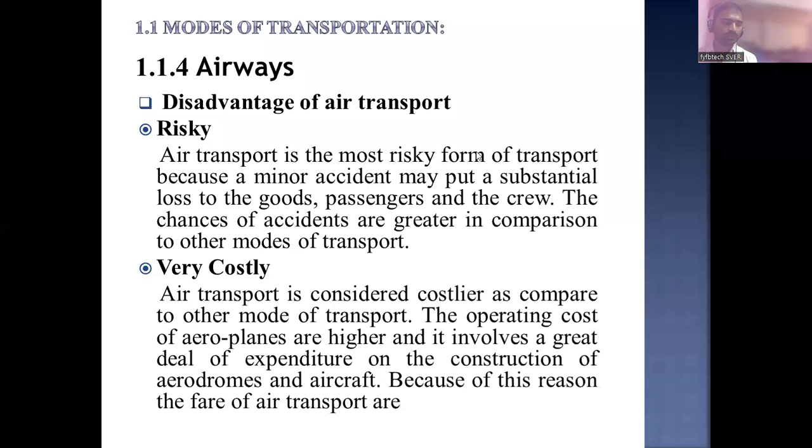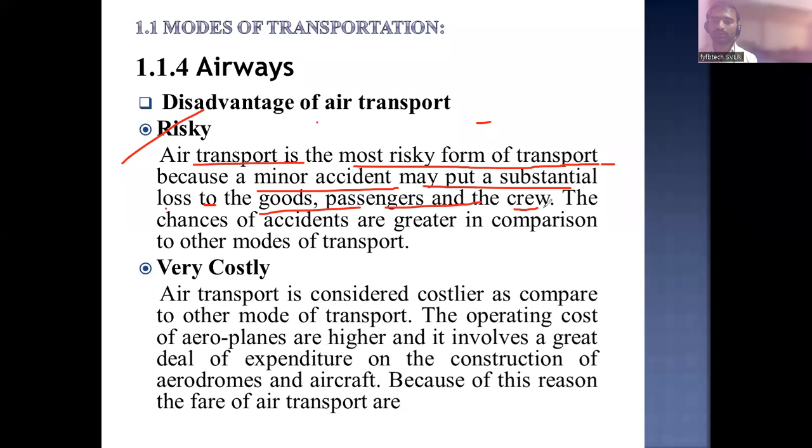Next one, the disadvantages. What are the disadvantages of air transport? It is risky. Yes, we know that it is risky. Air transport is mostly risky because minor accidents may cause a substantial loss of goods, passengers, and crew.